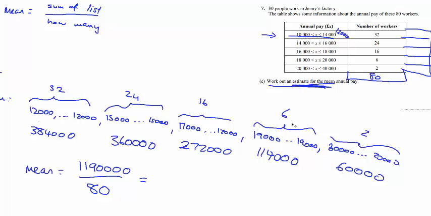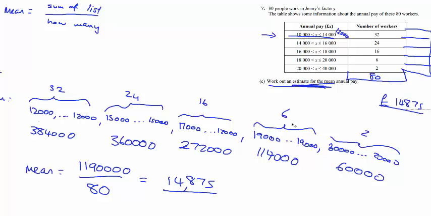So you divide that by 80. Yeah, so your mean comes out at 14875. That's your estimate as well, which sounds reasonable, because at least it looks like something which could be correct. You don't have to put the pound. There you go.